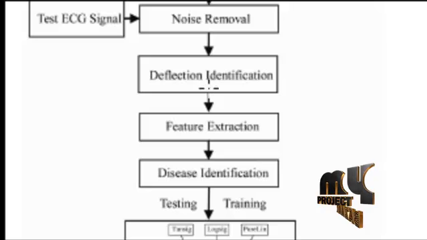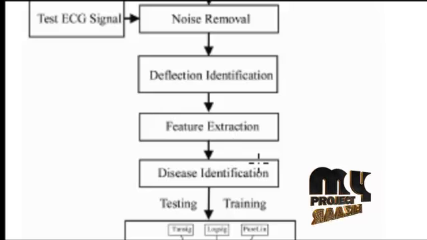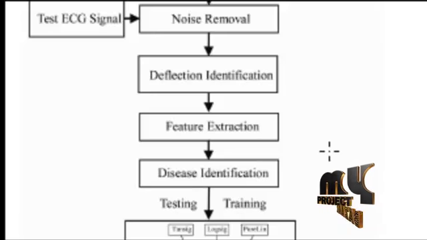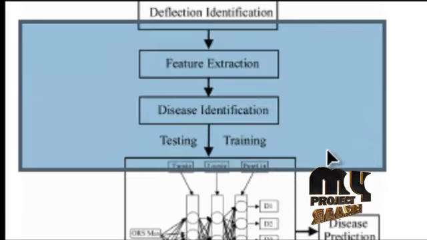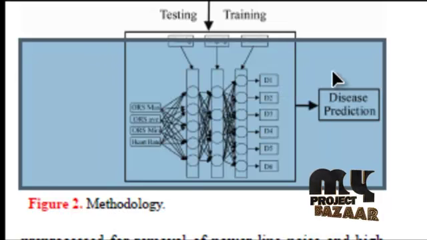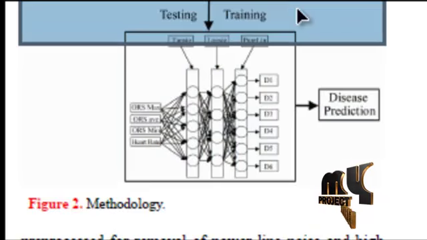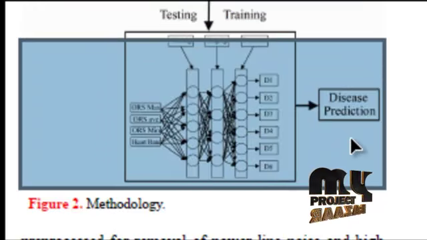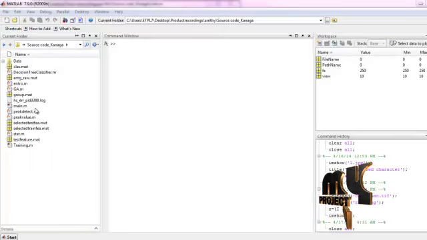Then we pass it to the neural network to find the diseases. The neural network is trained, and finally it returns the disease prediction. Let us see the execution of the process.